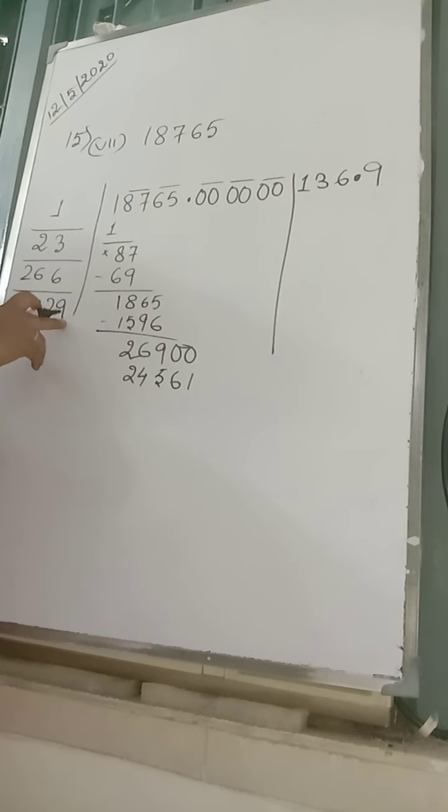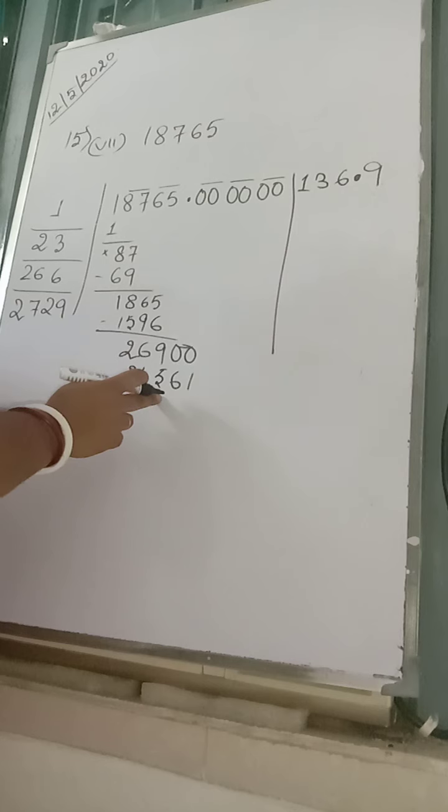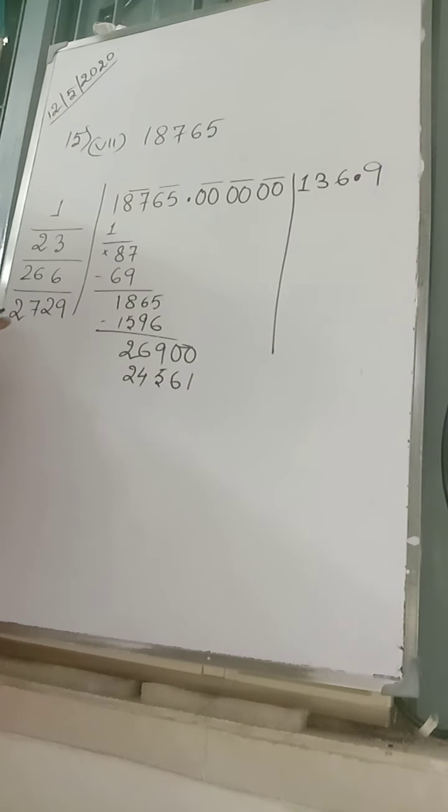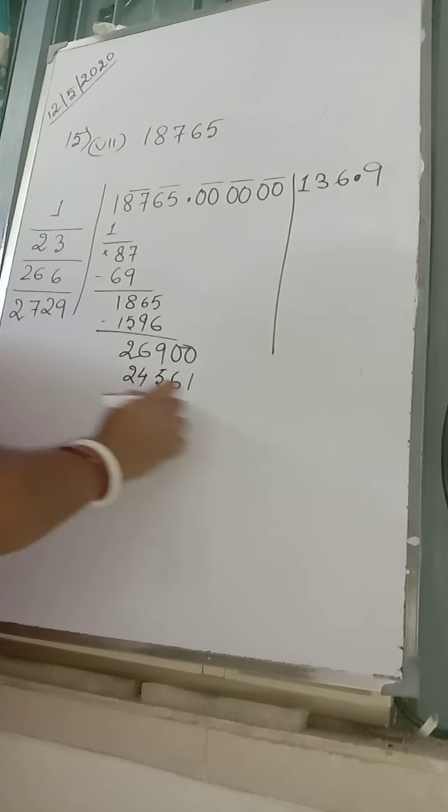Once again, 9 9's are 81, 1 carrying 8. 9 2's are 18 and 8 is 26, 6 carrying 2. 9 7's are 63 and 2 is 65, carrying 6. 9 2's are 18 and 6 is 24. Done. 10 minus 9 is 1, 9.